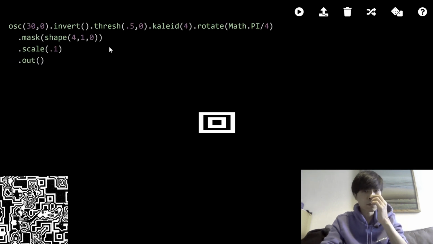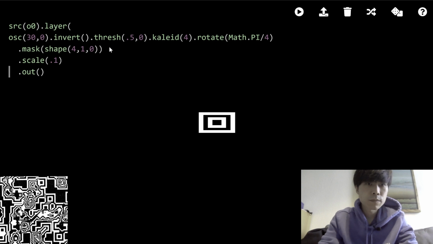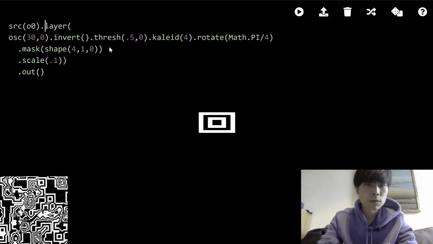Something like this, and then I want to source of 0 layer. So this is layer, nothing will change, but now we have the feedback, and then I don't know, just this is basically the same as scroll, but it won't wrap, hopefully.